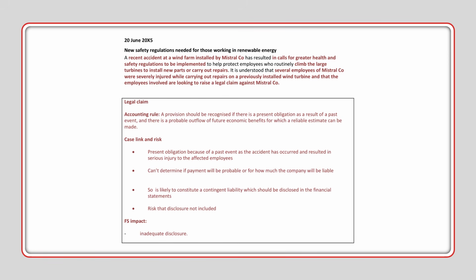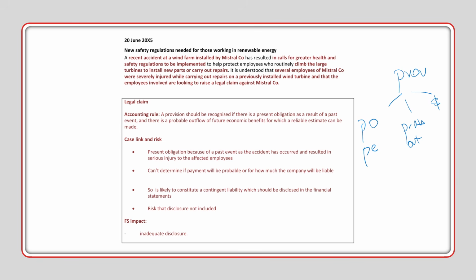We have more information given regarding the accident, but please be very careful about how you word this. Don't just jump to a conclusion that a provision must be recorded. Remember, for a provision to be recorded, there should be a present obligation because of a past event, a probable outflow of economic resources, and then the amount should be estimated reliably.